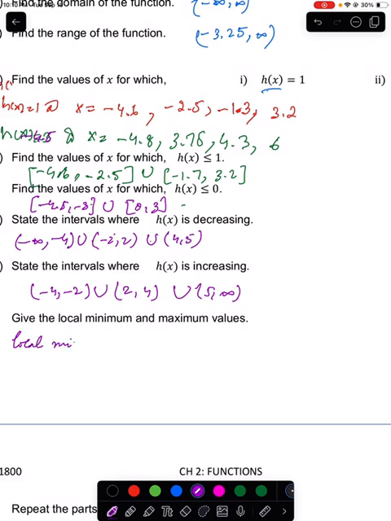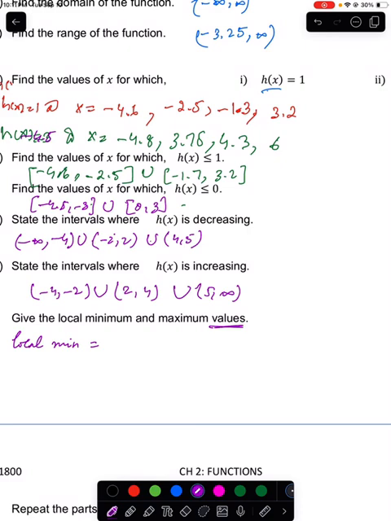Because it says value, we have to give the y values. So it is equal to -3.5 at x is equal to -4.